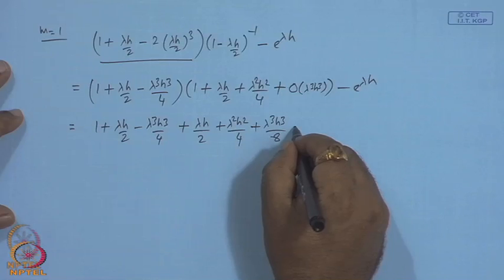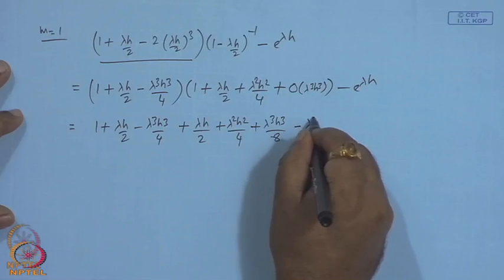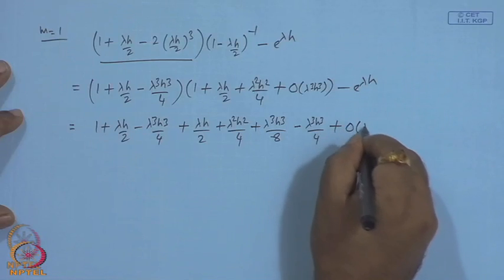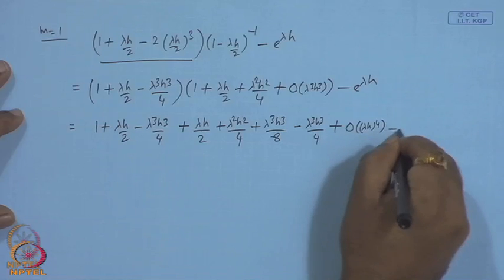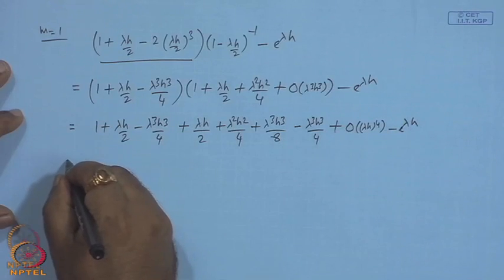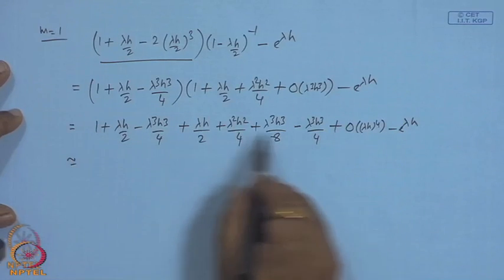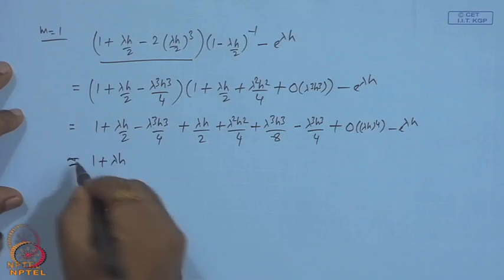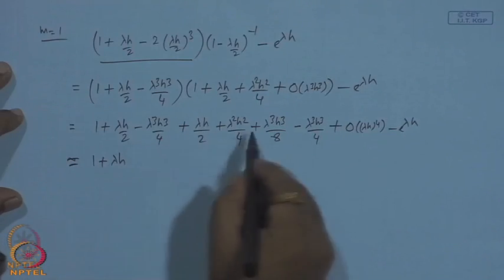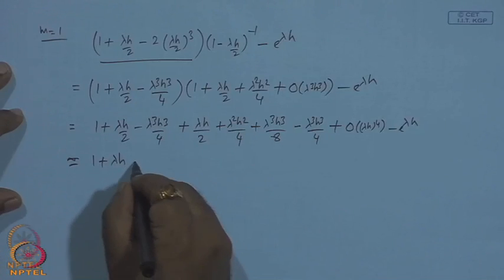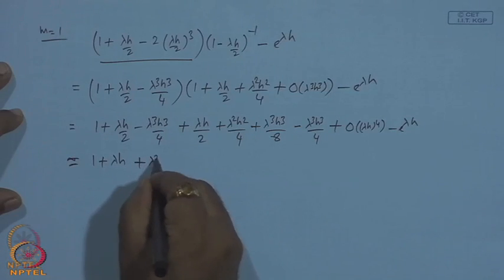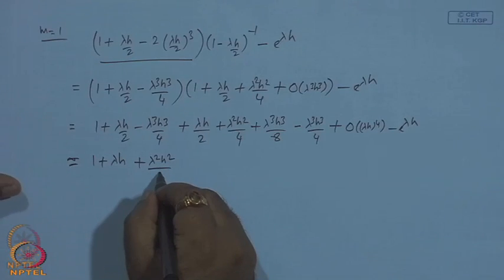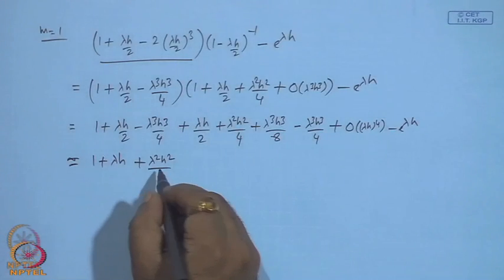Then one can show this, so you get lambda h plus h square by 2.